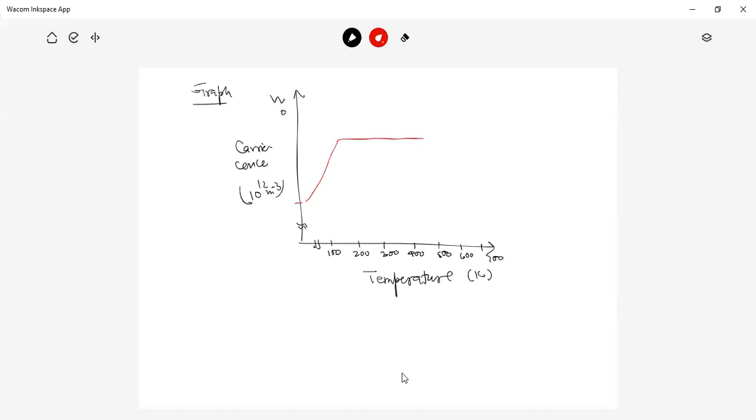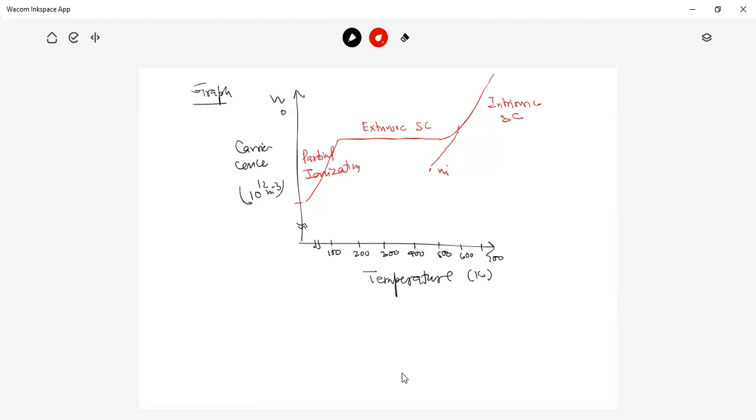Then there is a flat region over this point. Here it is extrinsic semiconductor, and at high temperature it is intrinsic semiconductor. We can explore this as ni, intrinsic, and in this case it is partial ionization.